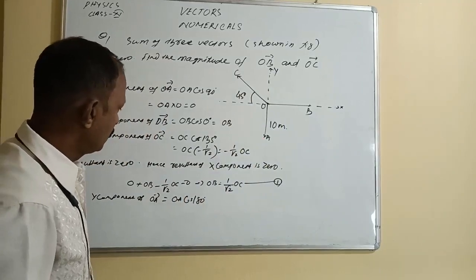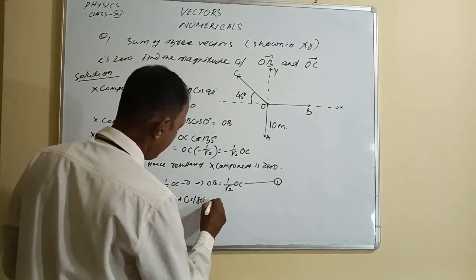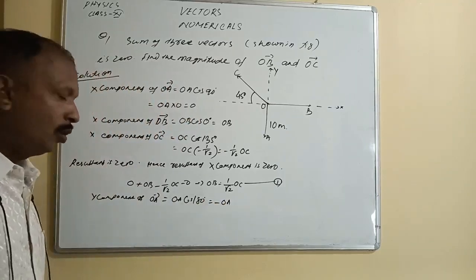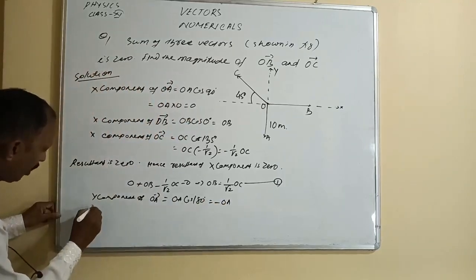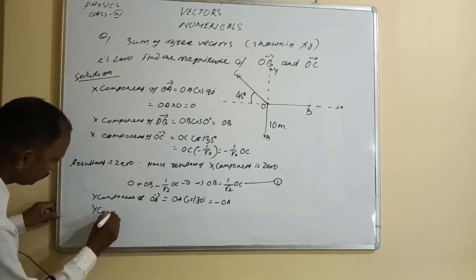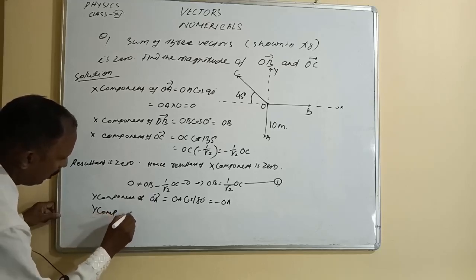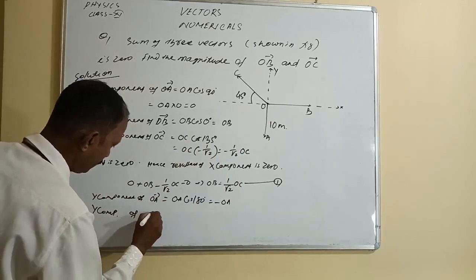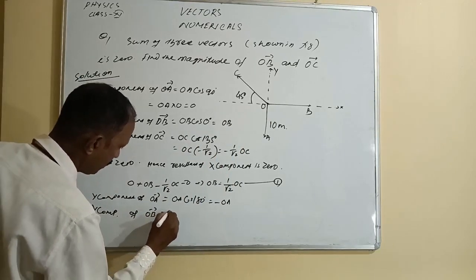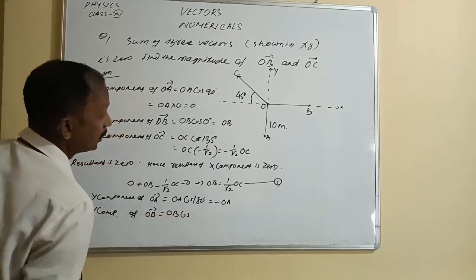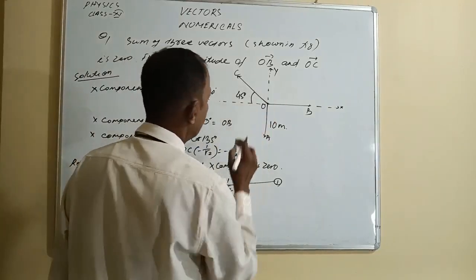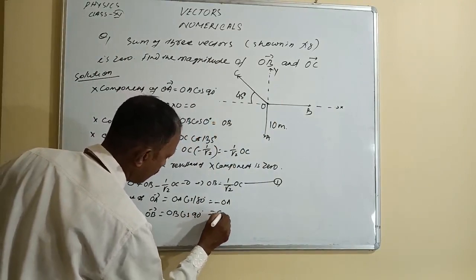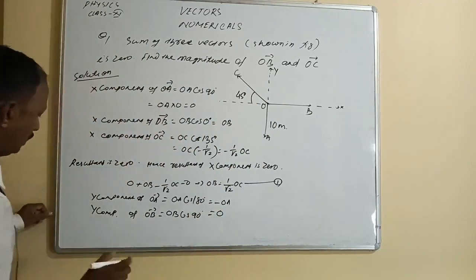Okay, so cos 180 degree is minus 1, so I can write it is minus OA. The y component of OB is equal to OB cos 90 degree. This is equal to 0.